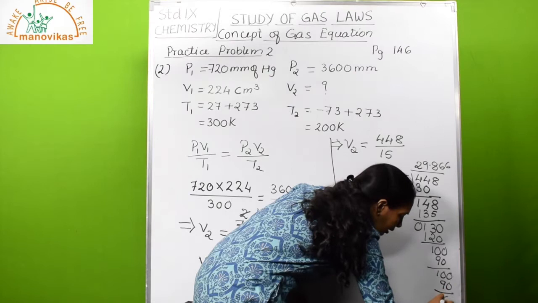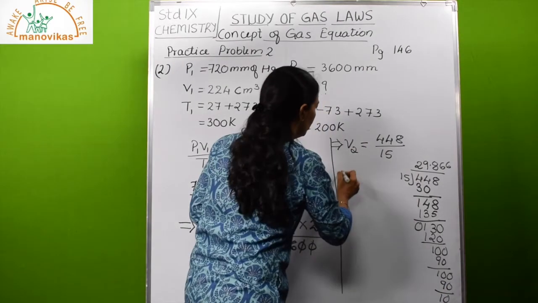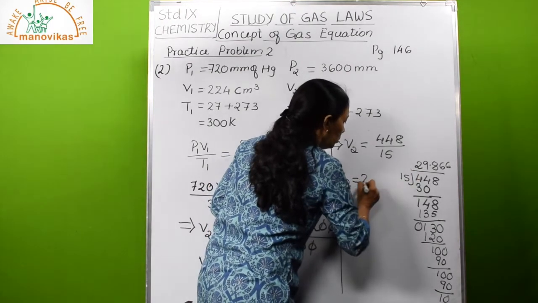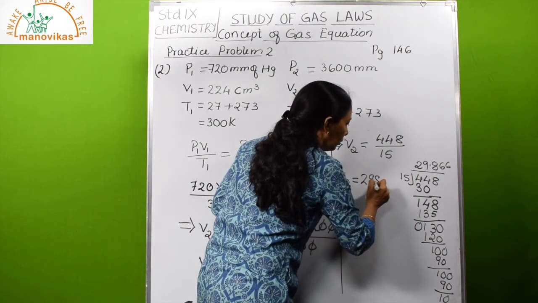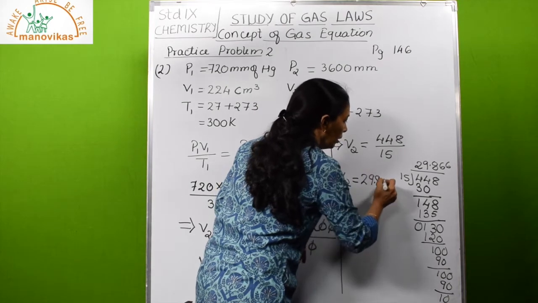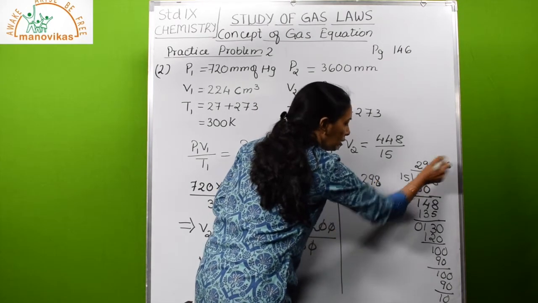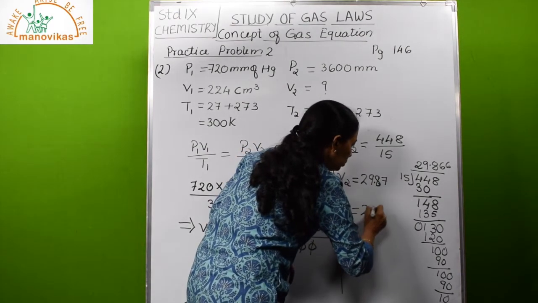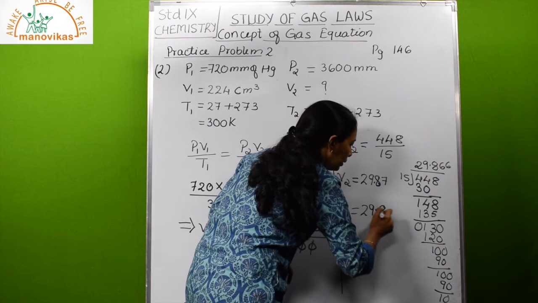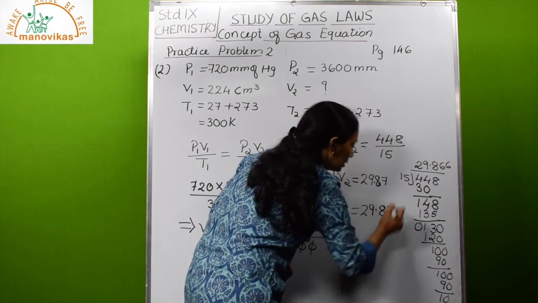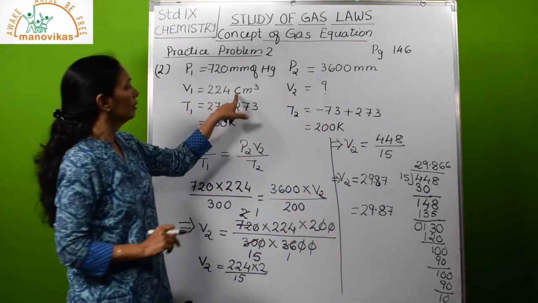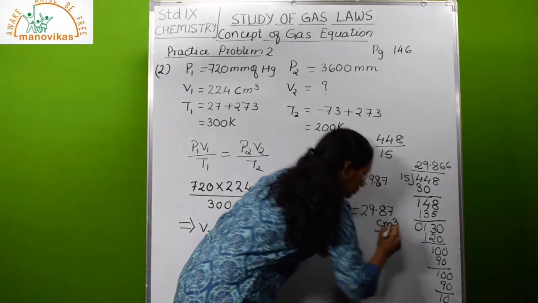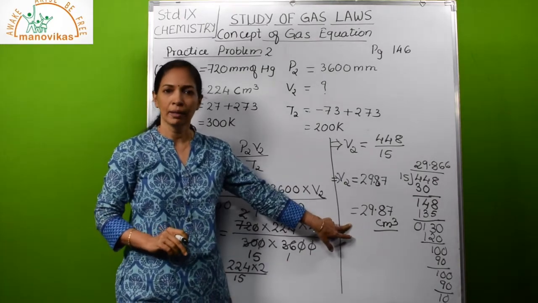So this will be recurring. So V2 will be equal to 29.8 with the 6 recurring, which you can write as 29.87. Now what is the unit? Cubic centimeter. So this will be the final answer.